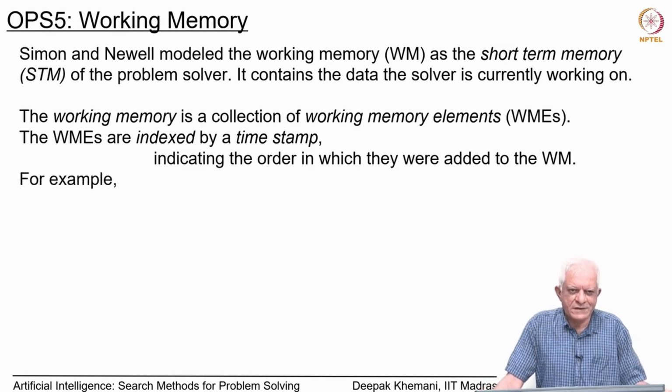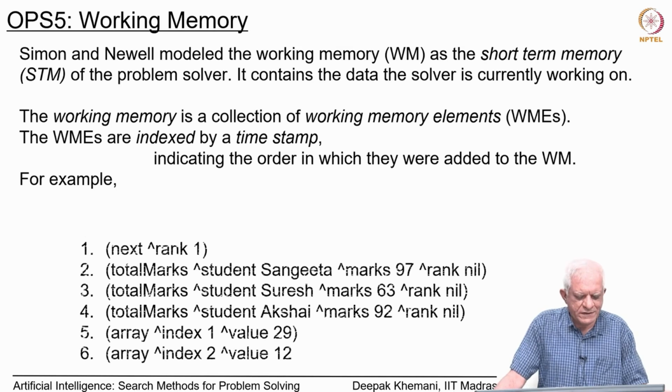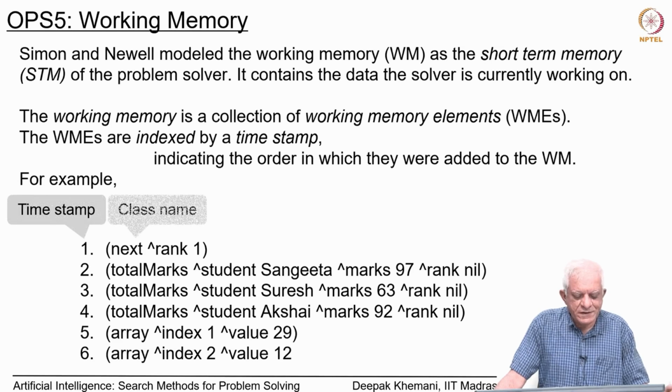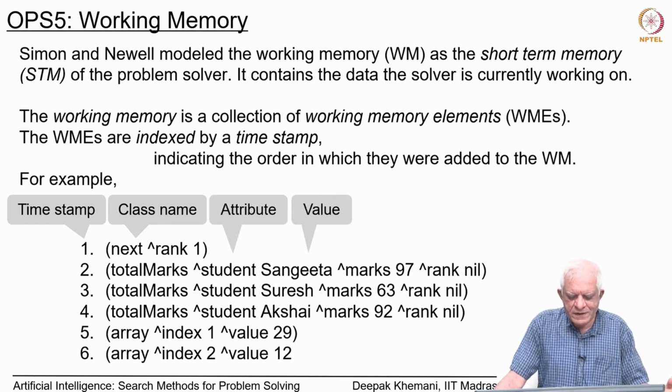So, here is an example to illustrate that idea. This is a working memory. It has got 6 elements in it. The first column shows the timestamp, the second column shows the class name. Then for each record there is an attribute name and a value.